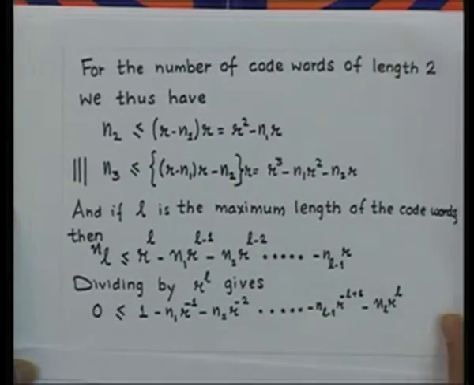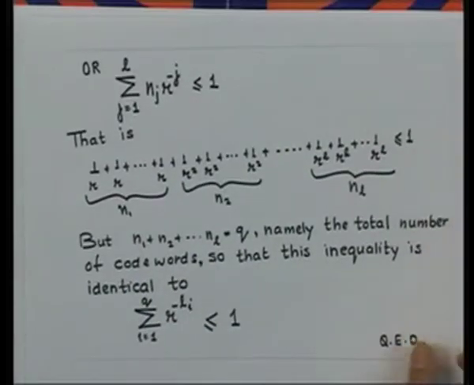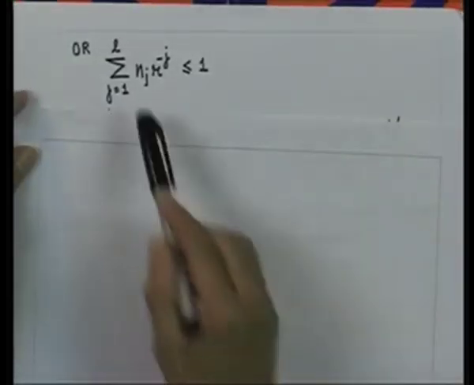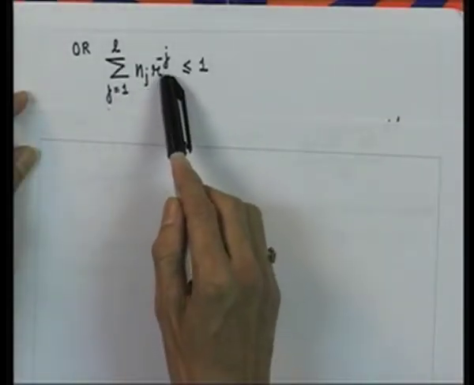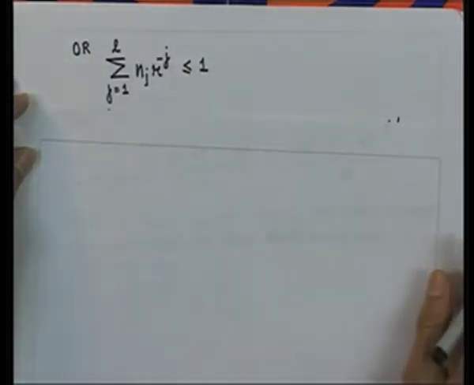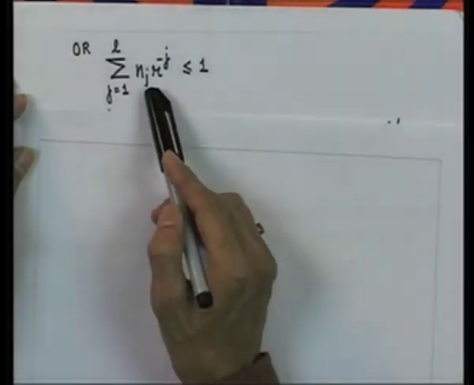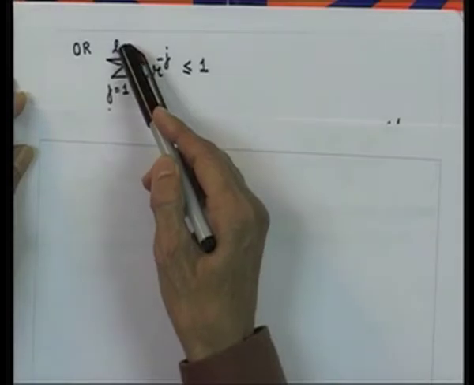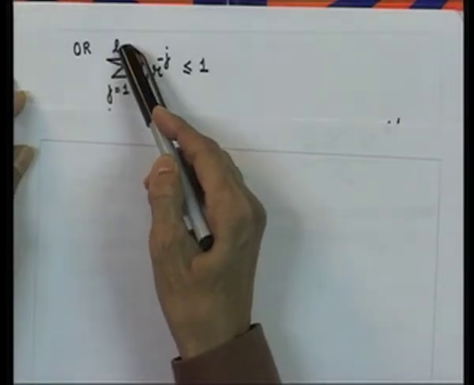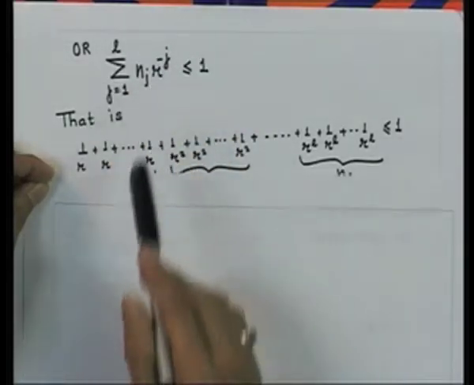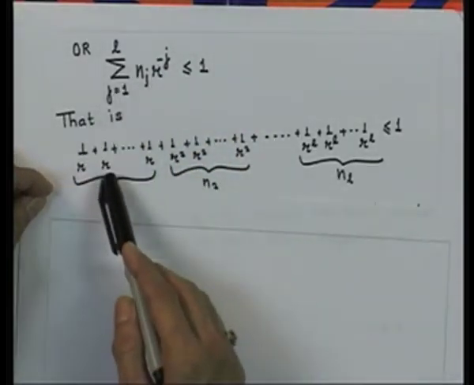This quantity we can write as summation of nj r^(-j) less than or equal to 1, where nj denotes the number of code words of length j, and j can range from 1 to the maximum length which we have in the code, and that is L. Now, if you write this out, we will get 1 by r plus 1 by r.